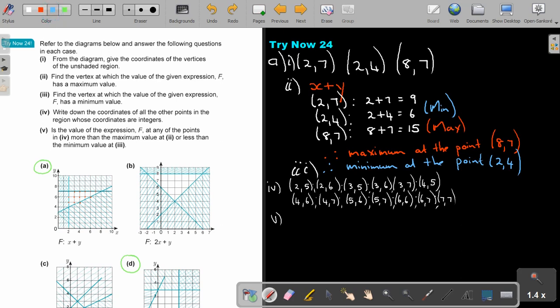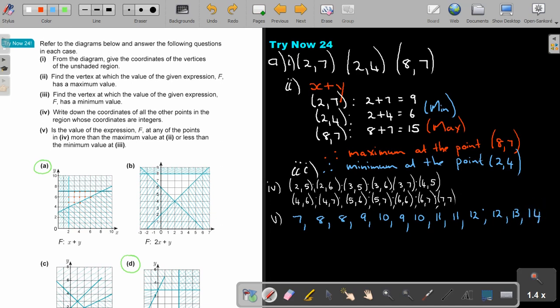So if I add it up, and I'm just going to write it here, this is going to be 7, this is going to be 8, this is going to be 8, this is going to be 9, this is going to be 10, 9, 10, 11, 11, 12, 12, 13, 14.